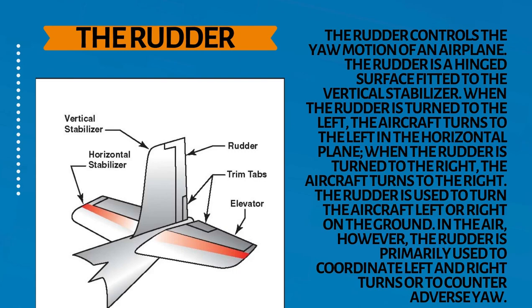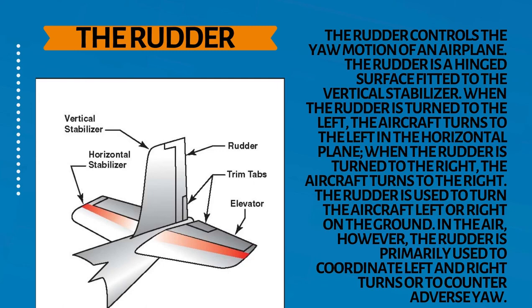The rudder. The rudder controls the yaw motion of an airplane. The rudder is a hinged surface fitted to the vertical stabilizer. When the rudder is turned to the left, the aircraft turns to the left in the horizontal plane.